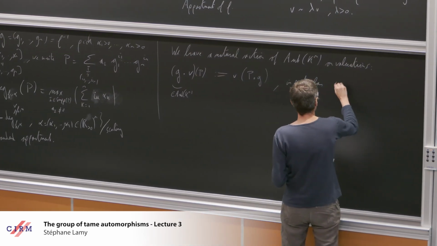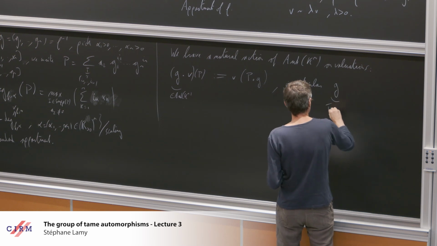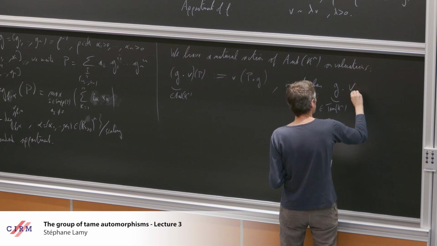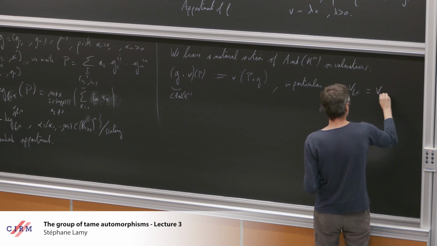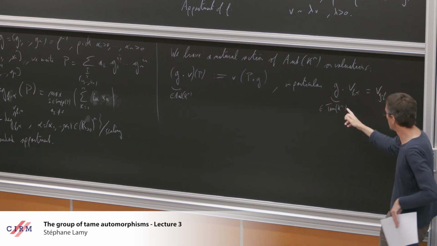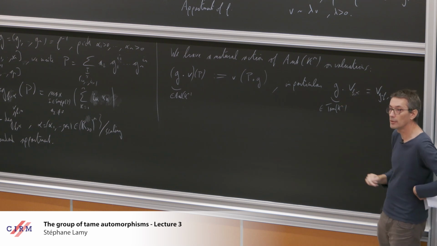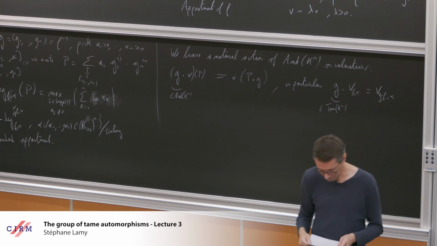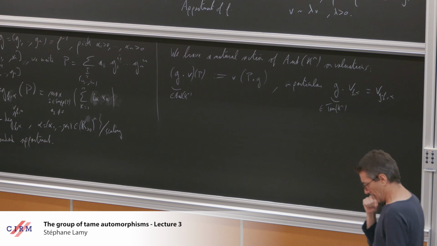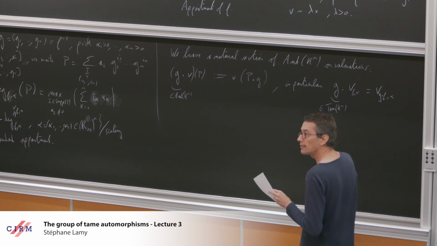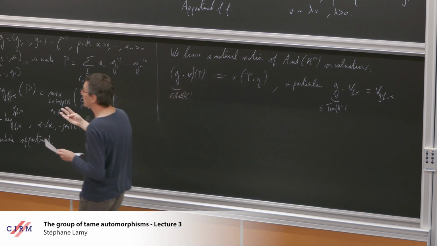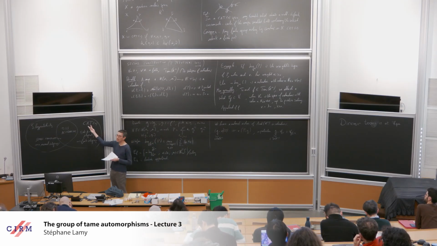If you act by G, now in Tame, you act on my valuation, say f with weight alpha. The definition is made so that it's G times f with weight alpha. So when you act, you just put the G in front. So it's natural from the point of view of the action. Okay. So for the moment, I define my space as a set, and now I want to put a metric on it, so that at the end it will be CAT(0).